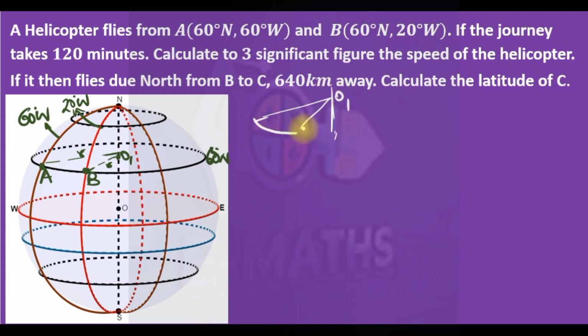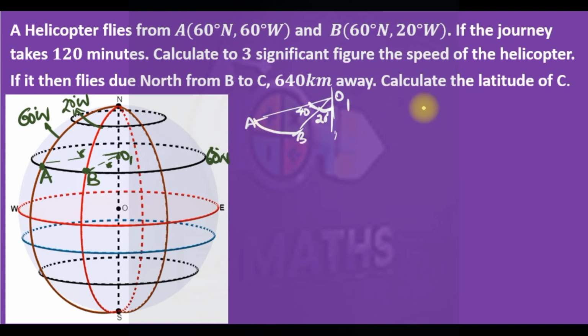This is B and this is A. The longitude of B is 20, while that of A is 60. So meaning 20 plus 40 is 60.